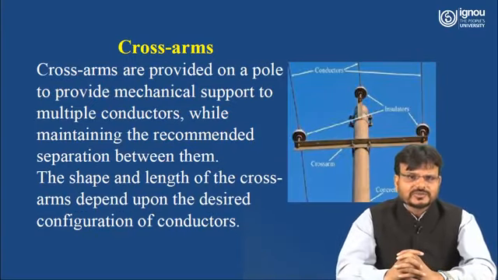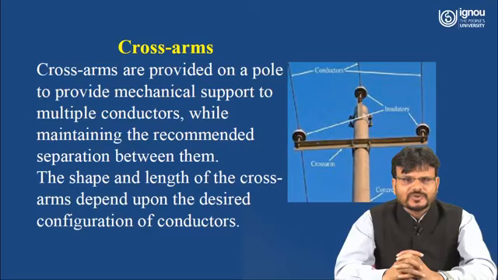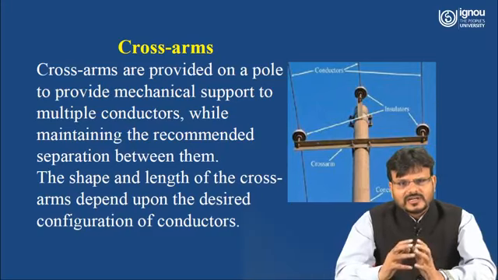Now, as I already told you, what is the cross arm? Here you can see in the diagram, the cross arms are provided on a pole to provide mechanical support to multiple conductors while maintaining the recommended separation between them. And this separation depends on the voltage.